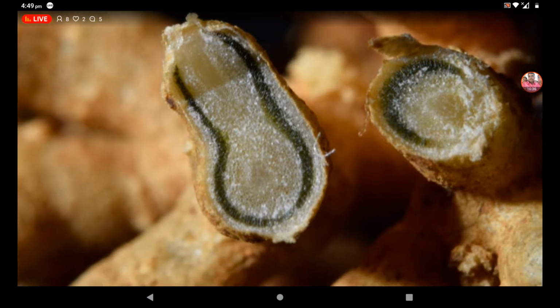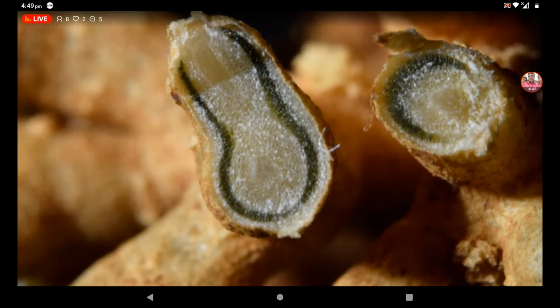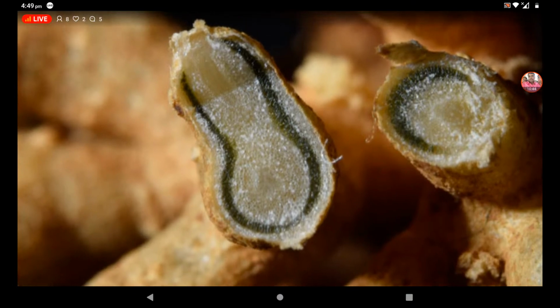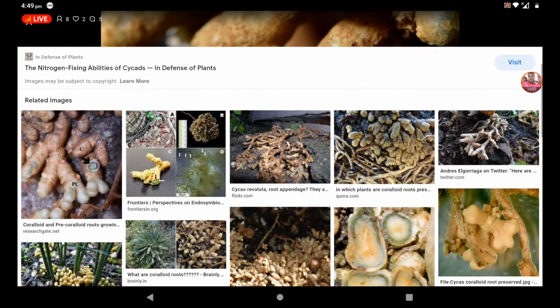Once again, the transverse section of the cycas coralloid root shows the symbiotic association with nitrogen-fixing cyanobacteria. So that we identified here.